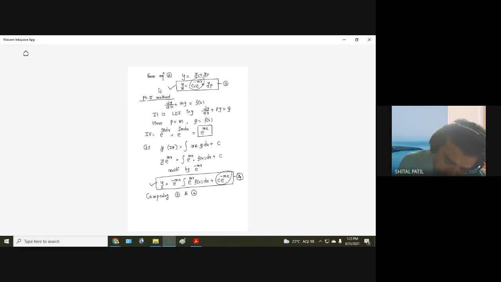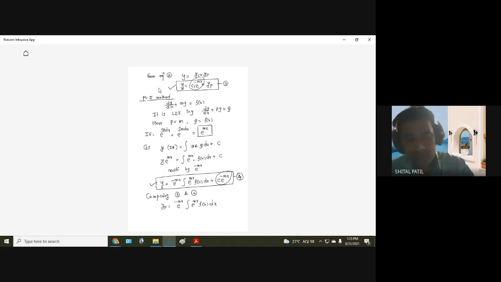Both are the same. So what is y of p? y of p is e raised to minus mx, e raised to plus mx f of x dx. Hope you remember, before some time we have written this: phi of d y equal to f of x, then the particular integral y of p equal to 1 upon phi of d f of x.